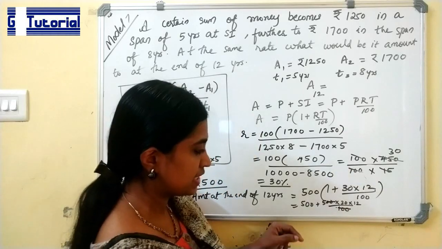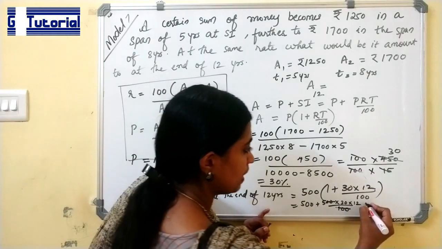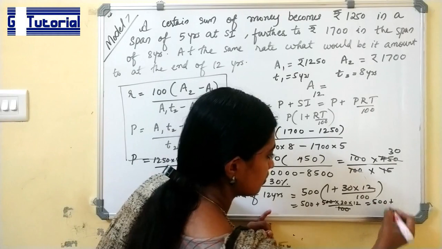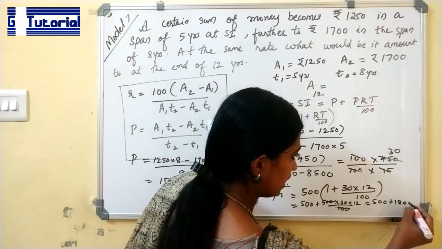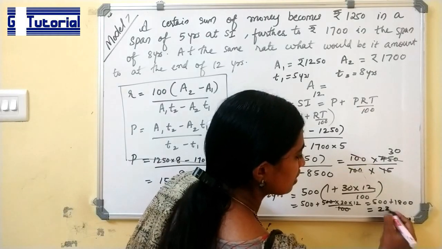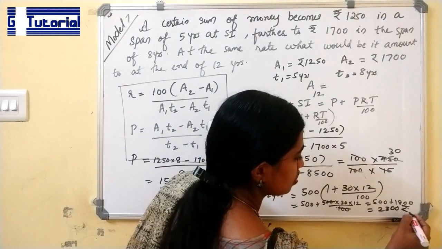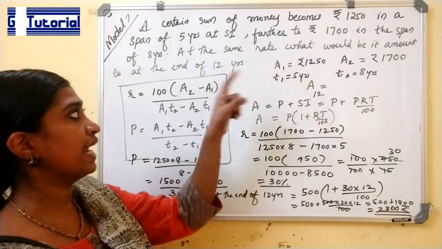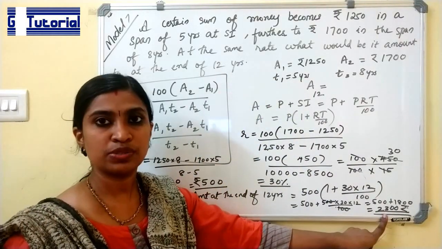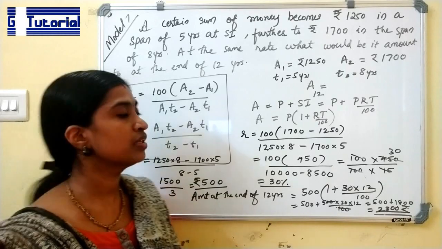So 500 plus 1800, which is 2300 rupees. So the amount at the end of 12 years is 2300 rupees.